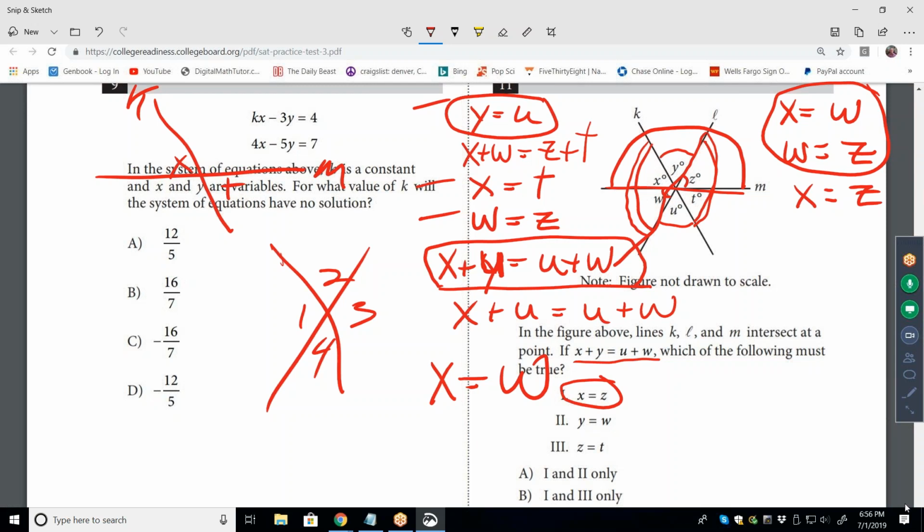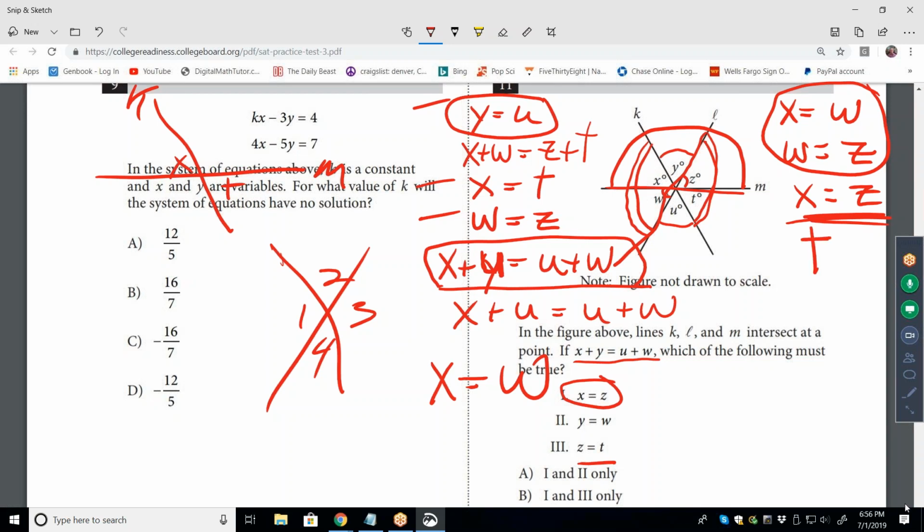Let's look at the third one. z equals t. Wow. Well, we know x equals z. We know that's true, which means t equals z, right? In other words, I can substitute.